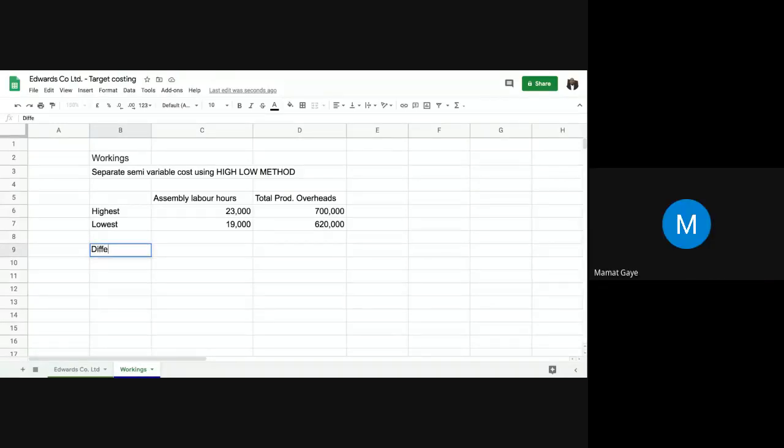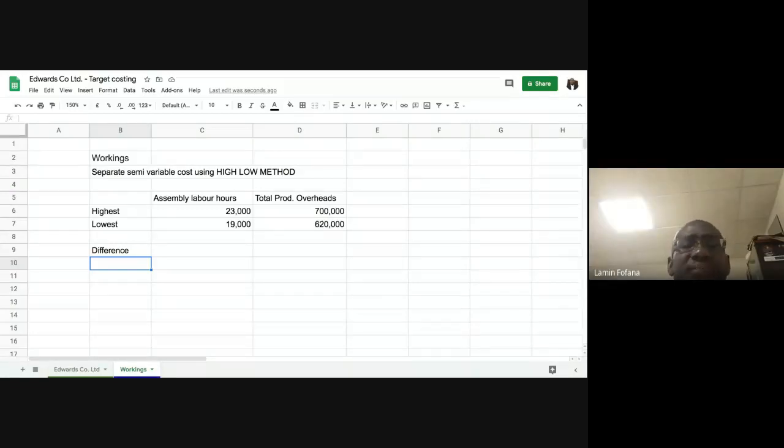So then the assembly level hours will determine the highest and the lowest of the overhead. Not only the assembly level, the activity level. Always you look at the activity level, the highest activity level and the lowest activity level. So you take the production overhead for the highest activity level and for the lowest activity level.